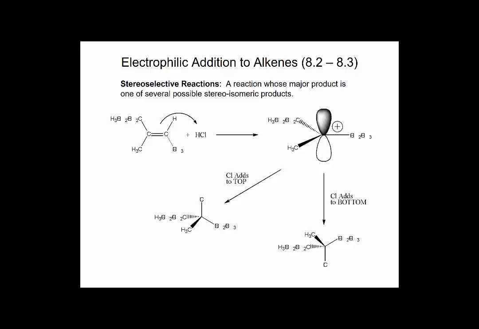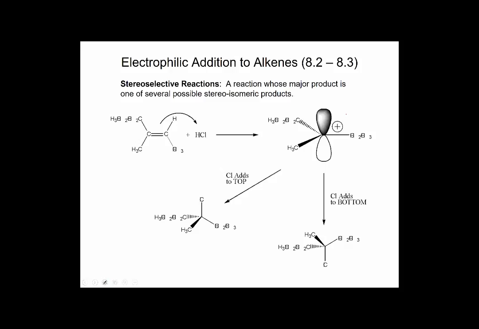The reason is that after you add the electrophile, you have a plus charge, and then the nucleophile can add to the top or the bottom, and it'll add 50-50, just like SN1.